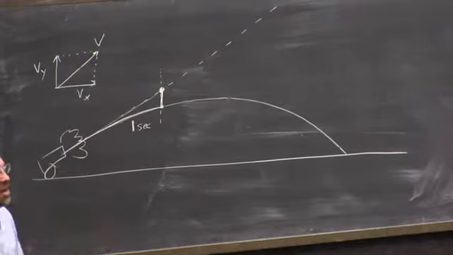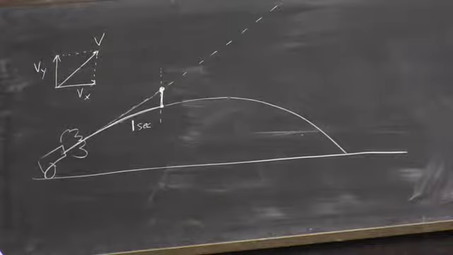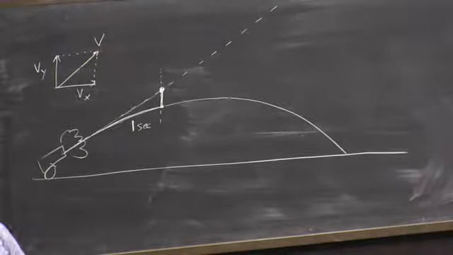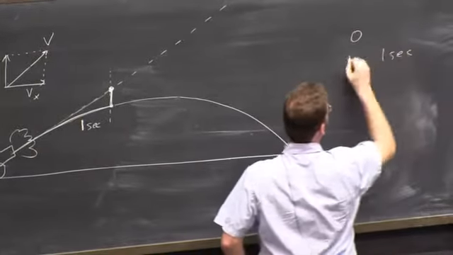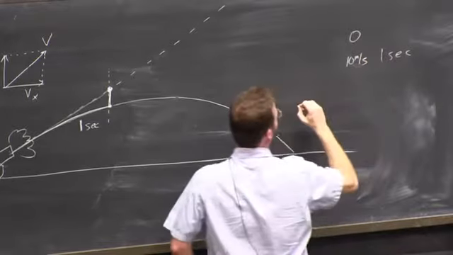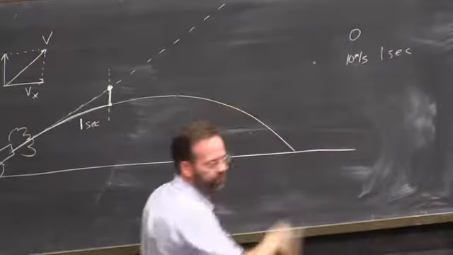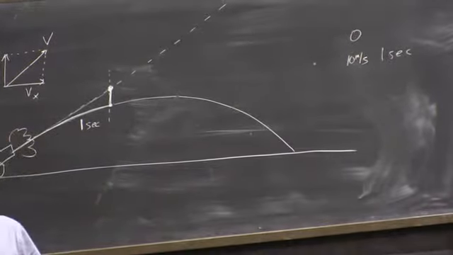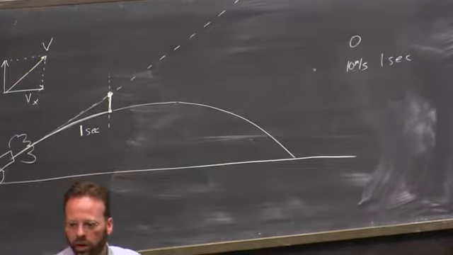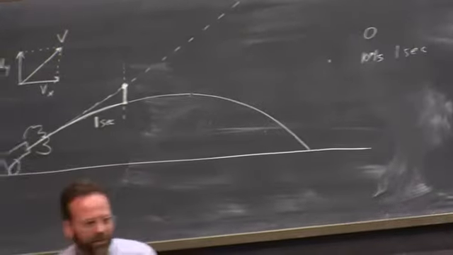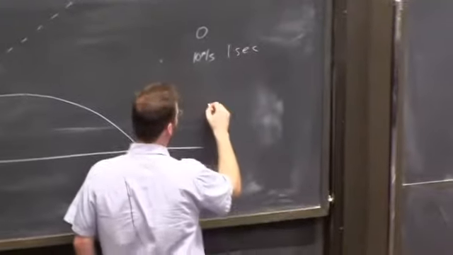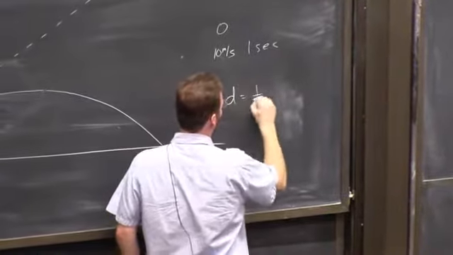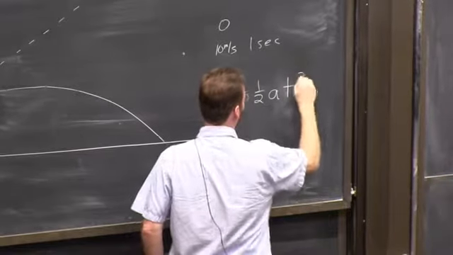Do you remember how to find how far it had fallen in 1 second? We drop a ball and after 1 second, it's going 10 meters per second. But how far did it fall? There are two ways to look at this. There's that equation: the distance is 1/2 acceleration times time squared.